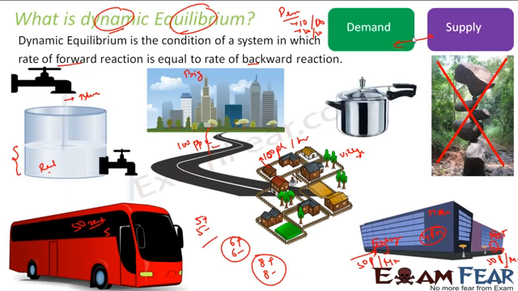Let's take something from the kitchen. In a pressure cooker, let's suppose you put some water here and you boil it. What happened? The water evaporates, right? The water evaporates and it reaches an equilibrium. Then the water evaporates and the same water comes and cools down. Water evaporates, cools down.